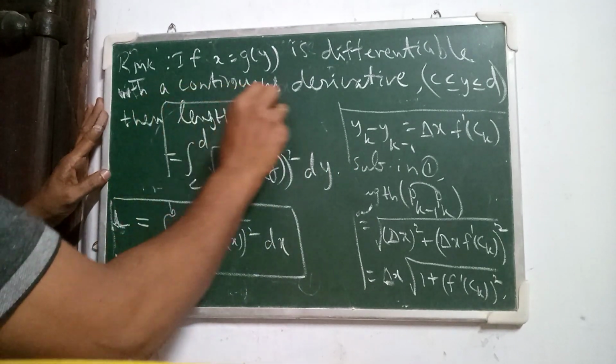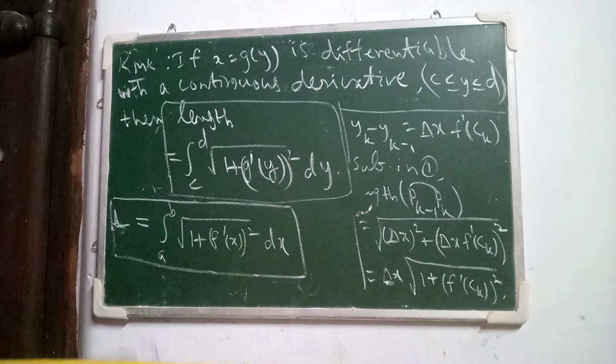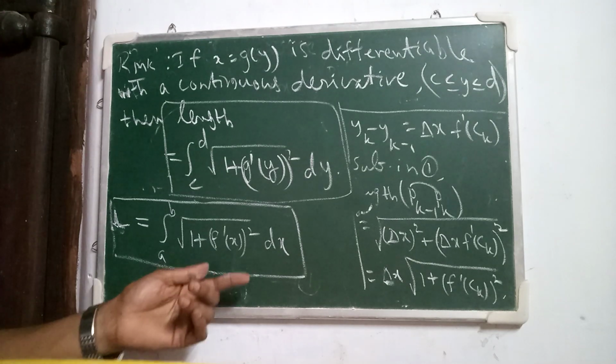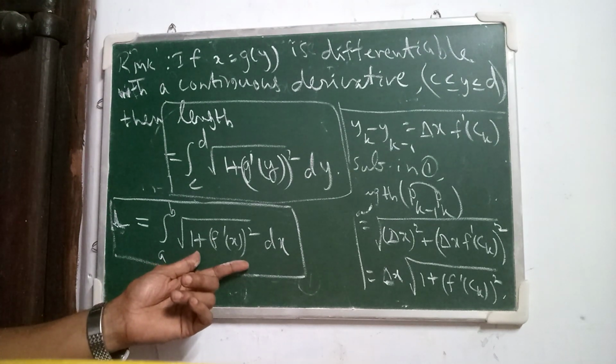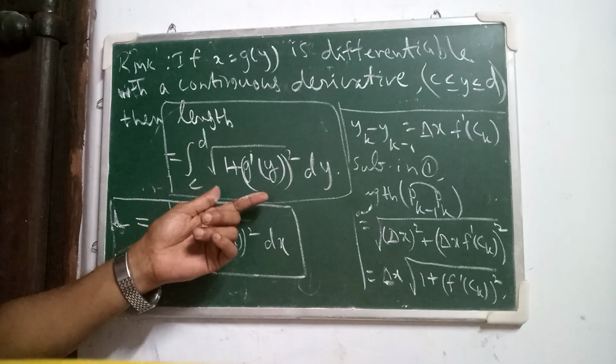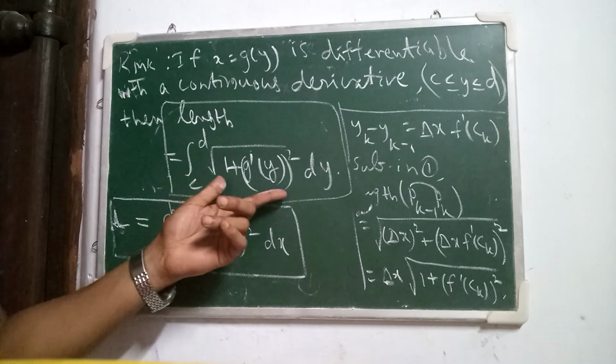This is the formula for length. So one is y as a function of x, in this case this is the formula for length, and the second case is if x is written as a function of y, then this is the formula for length.